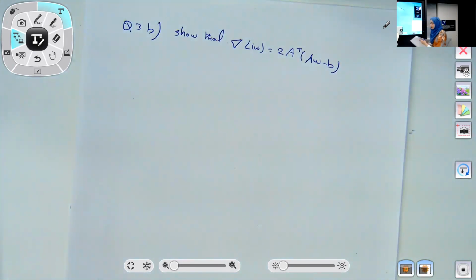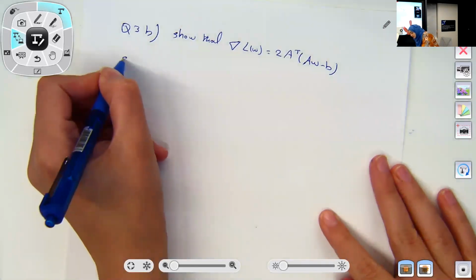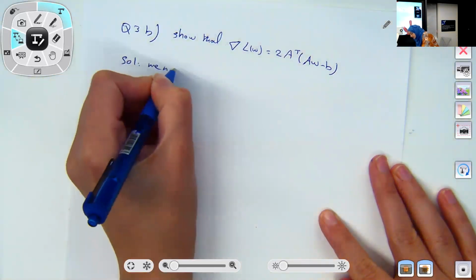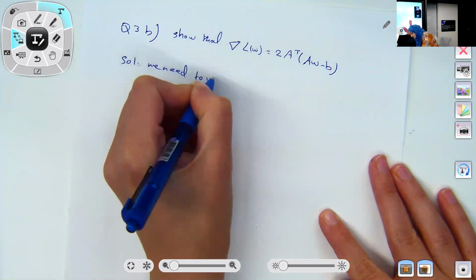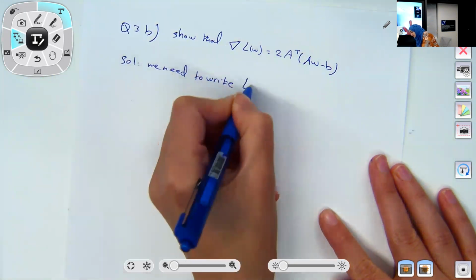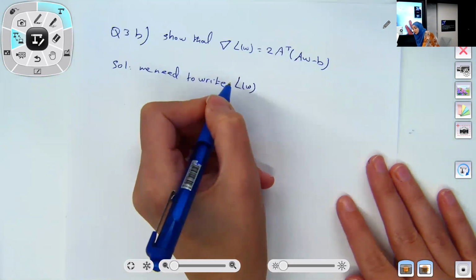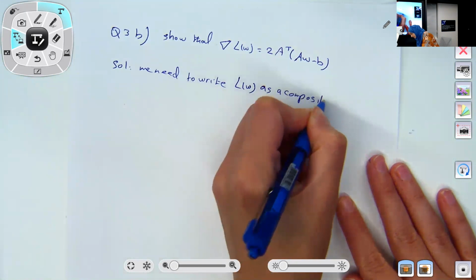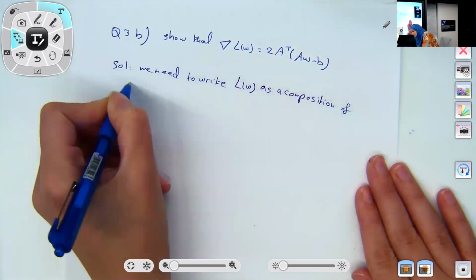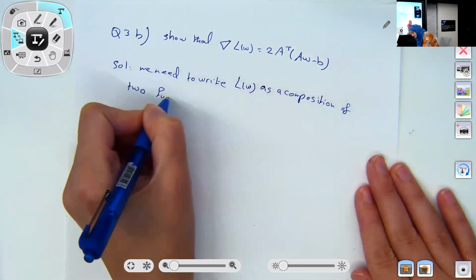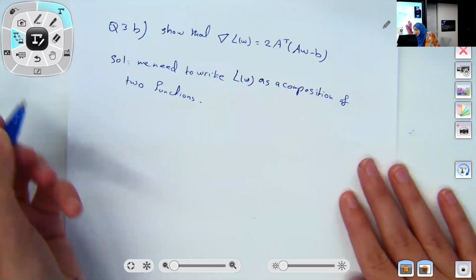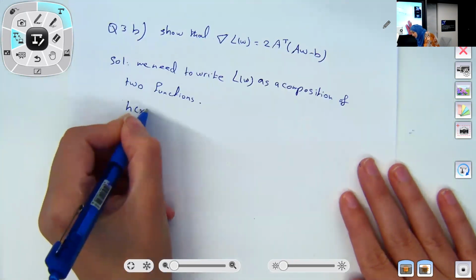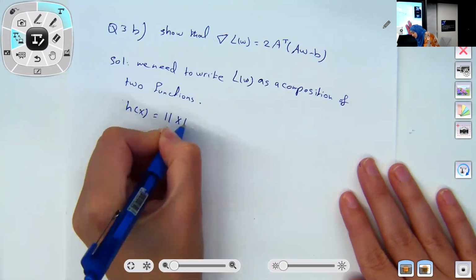The same thing: we need to write this function as a composition of two functions. So the first step is to write L of omega as a composition of two functions. Call it, for example, h of x, which equals the norm of x to the power 2.